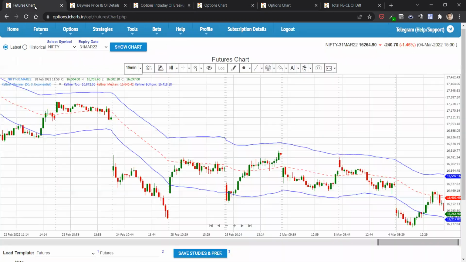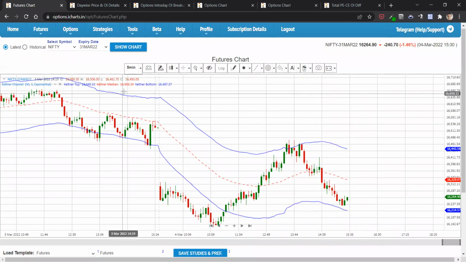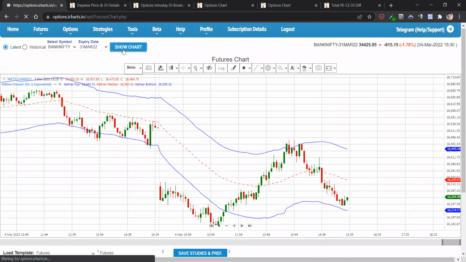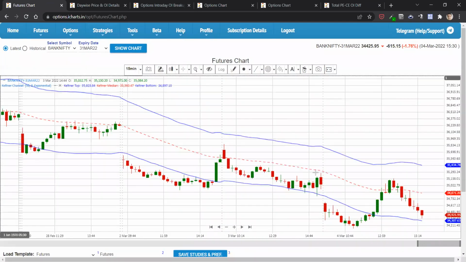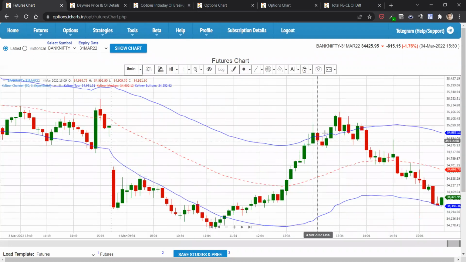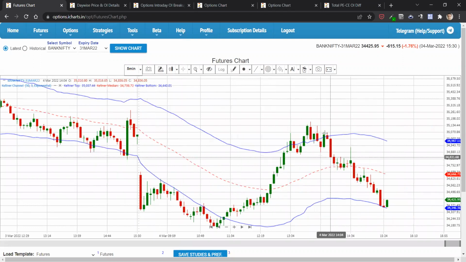Okay, you mean the futures chart? 5 minutes time frame, Bank. So this is Bank. Where exactly? This one?